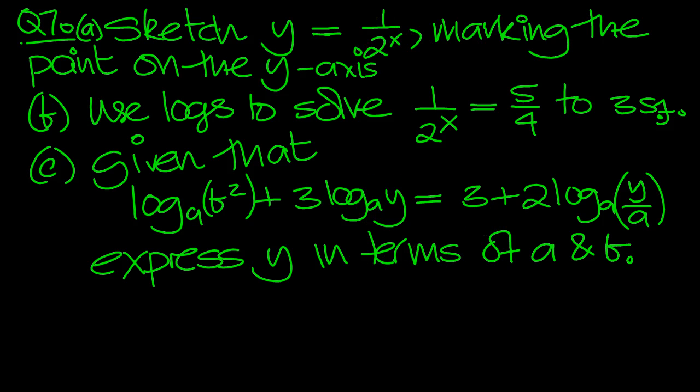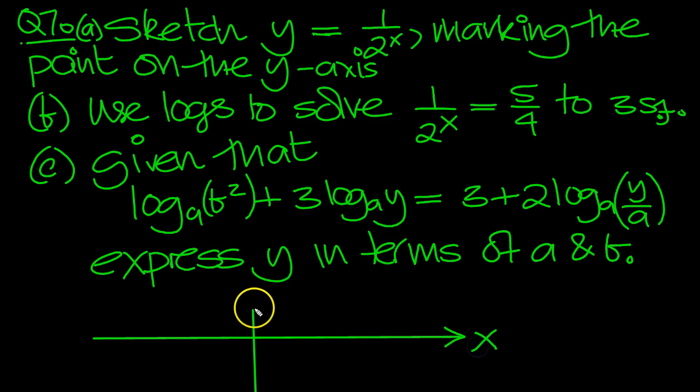So let's do the sketch first. I'll just do a loose sketch with this digital pen here. So this is part A. Okay, so what have we got then? We've got the x-axis, we've got the y.